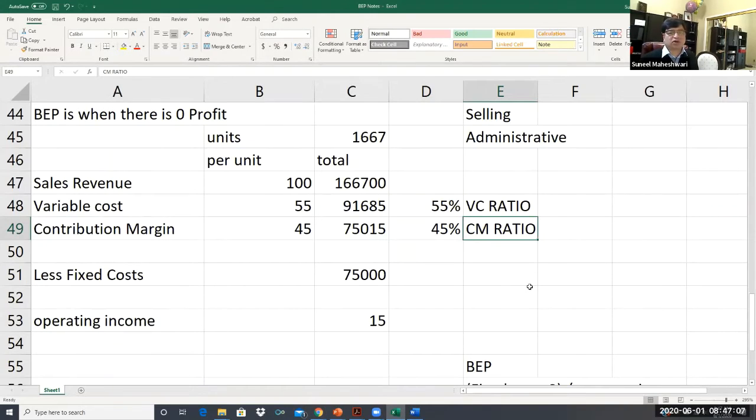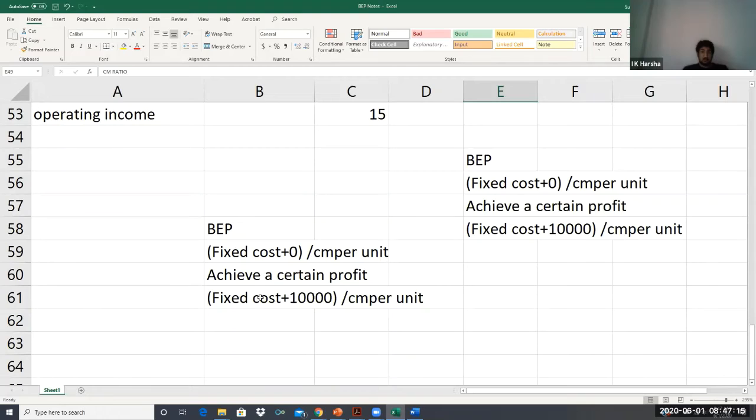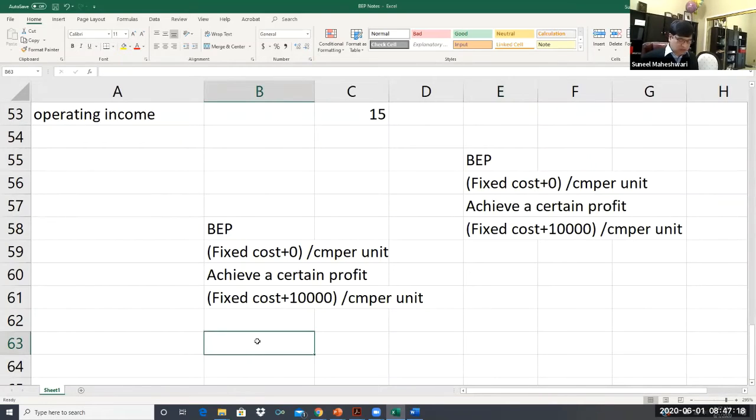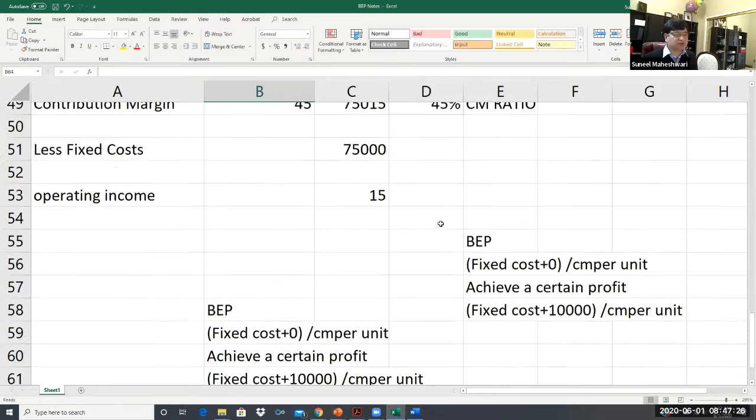So you take the fixed cost of 75,000 and divide by your contribution margin ratio of 45%.